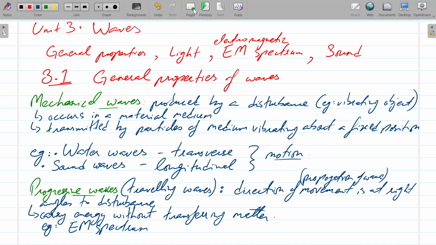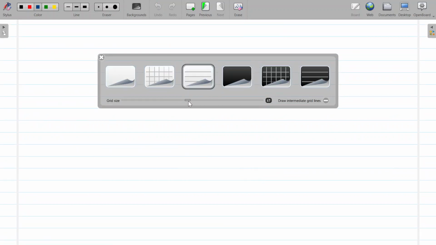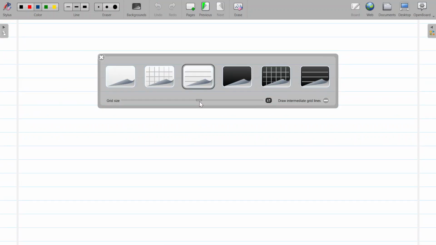So, you've seen water waves, and you've probably only seen the part of the wave that comes on top. But waves move like this.